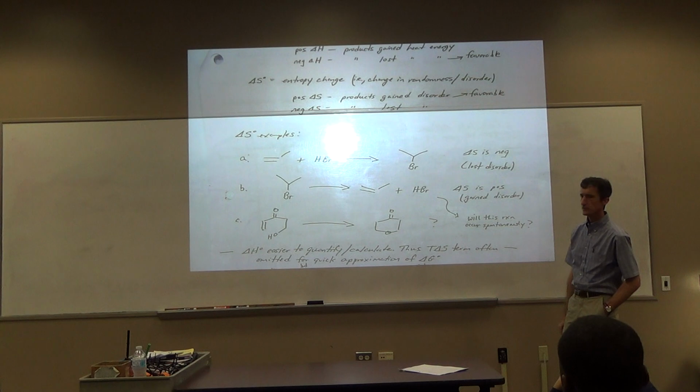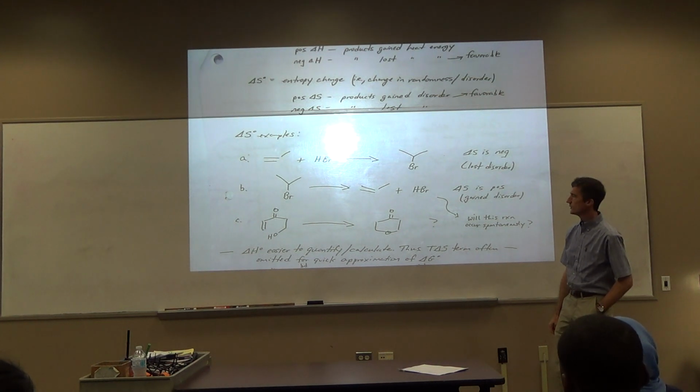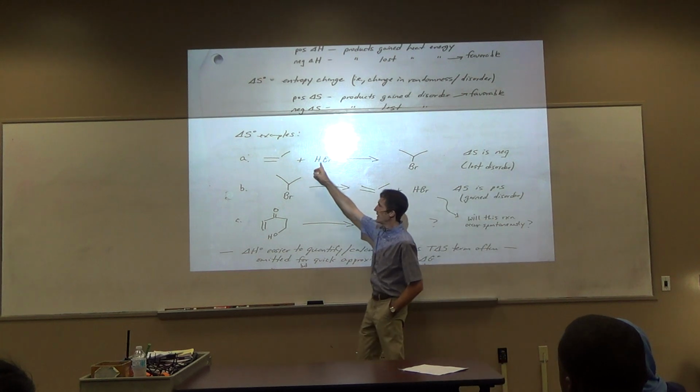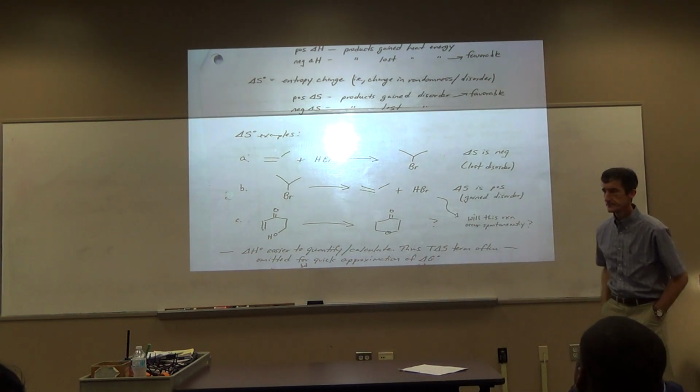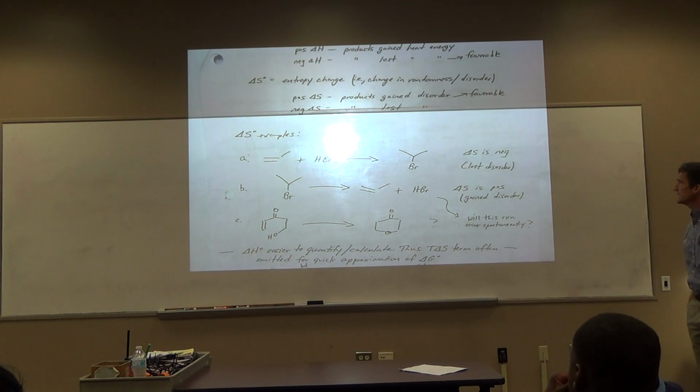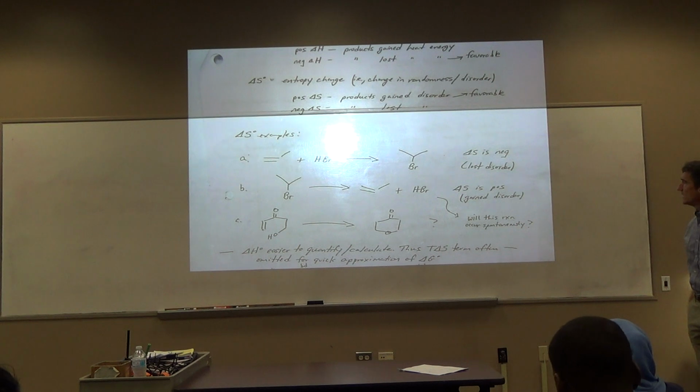How has the system gained order? Going from two molecules combining to make one, we're getting more ordered. Okay? And so we would expect delta S to be negative. We're just doing a qualitative assessment of reactions, and this is a couple of examples.